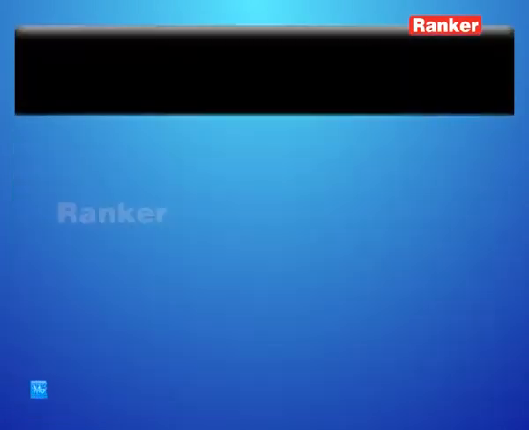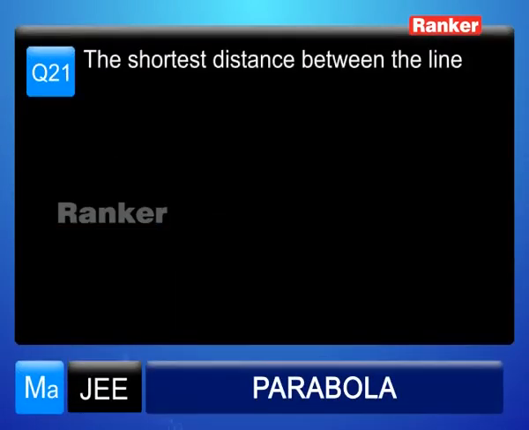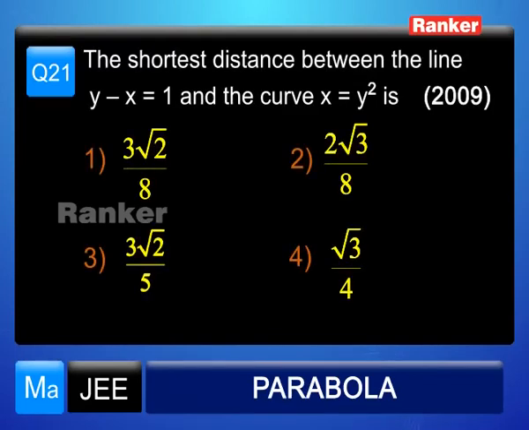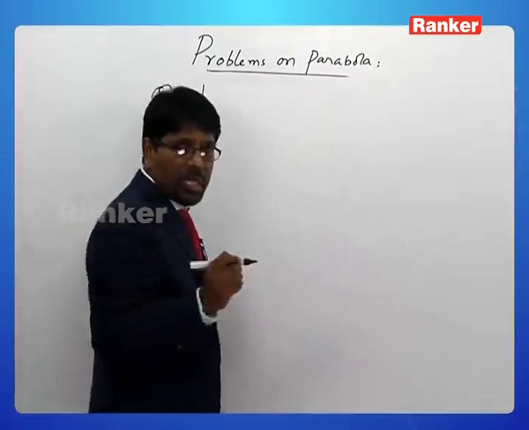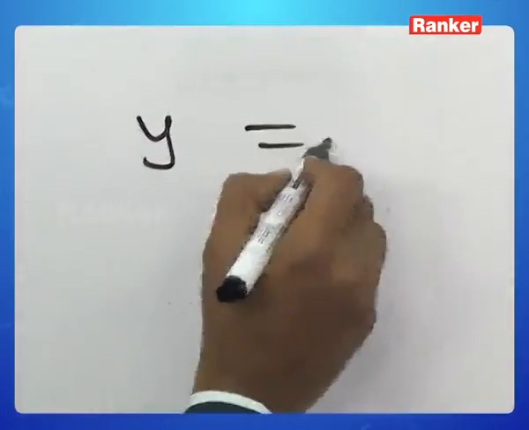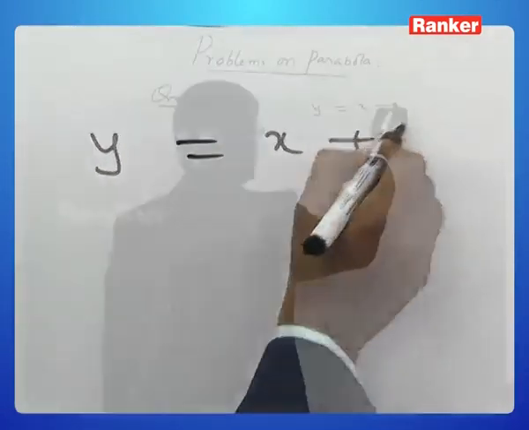Let's move to the next question, question number 21. The shortest distance between the line y minus x equal to 1 and the curve x equal to y square is: first option 3 root 2 by 8, second option 2 root 3 by 8, third option 3 root 2 by 5, fourth option root 3 by 4. y minus x is equal to 1, or y is equal to x plus 1.